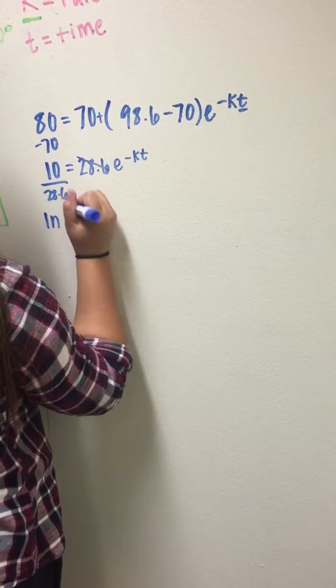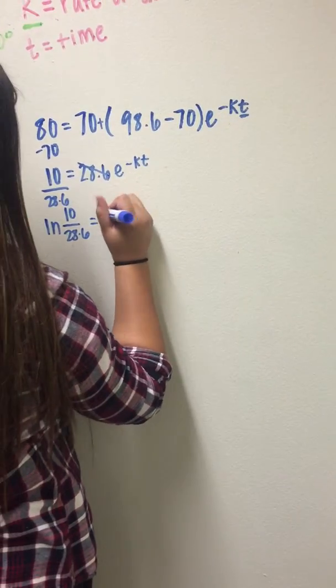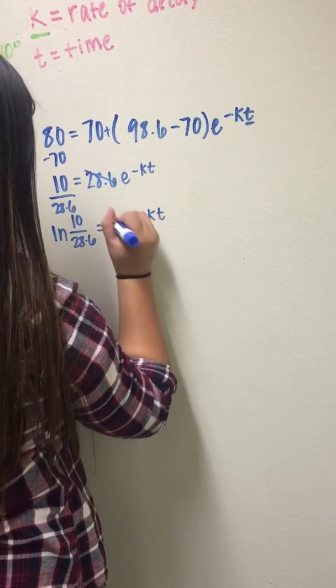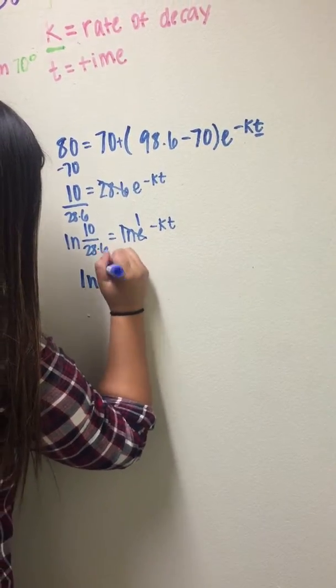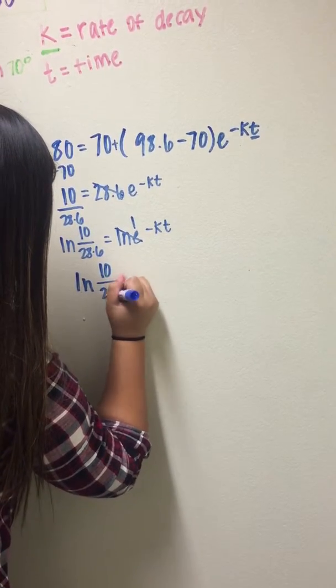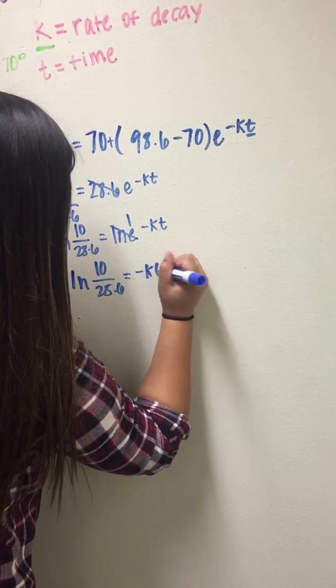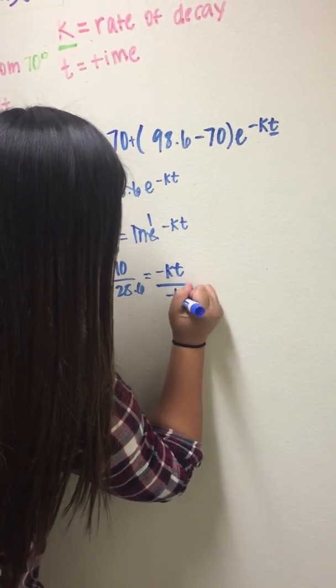So ln(10/28.6) equals ln of e^(-kT). So again, that's going to make 1. So we have ln(10/28.6) equals negative kT. So now we're going to divide by K.